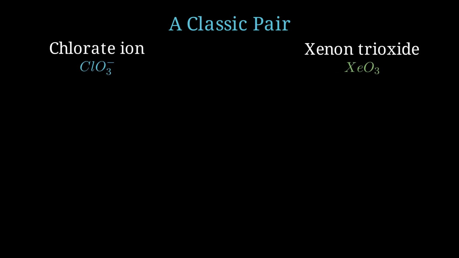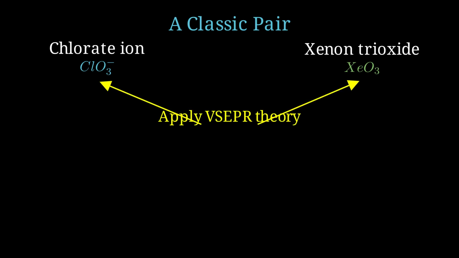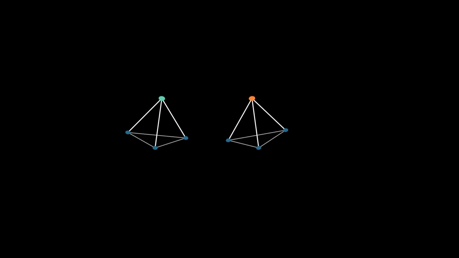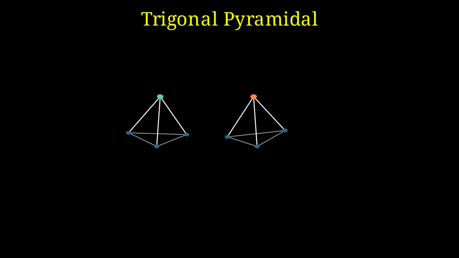They look completely different on paper, but if we apply VSEPR theory, the rule book for molecular shapes, we see a pattern. Both have a central atom surrounded by 3 oxygens and 1 lone pair of electrons. Because the electron geometry is the same, both molecules take on a trigonal pyramidal shape.